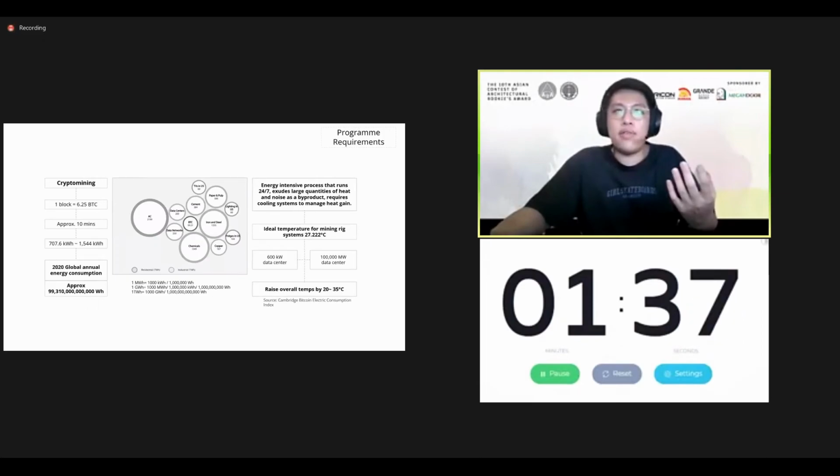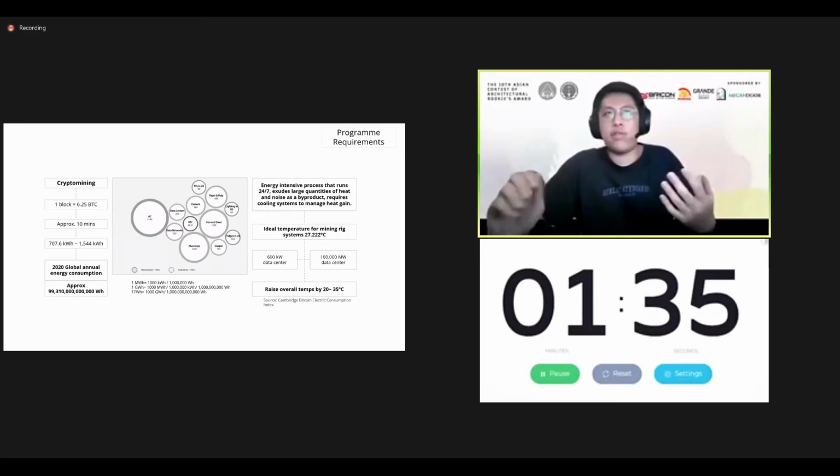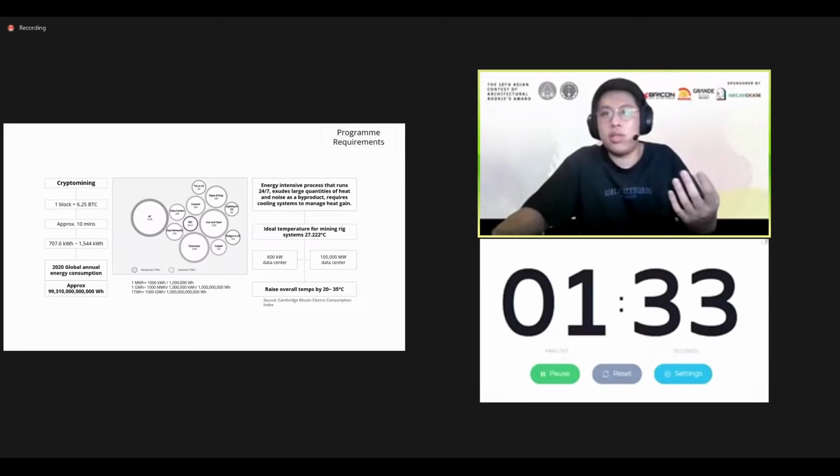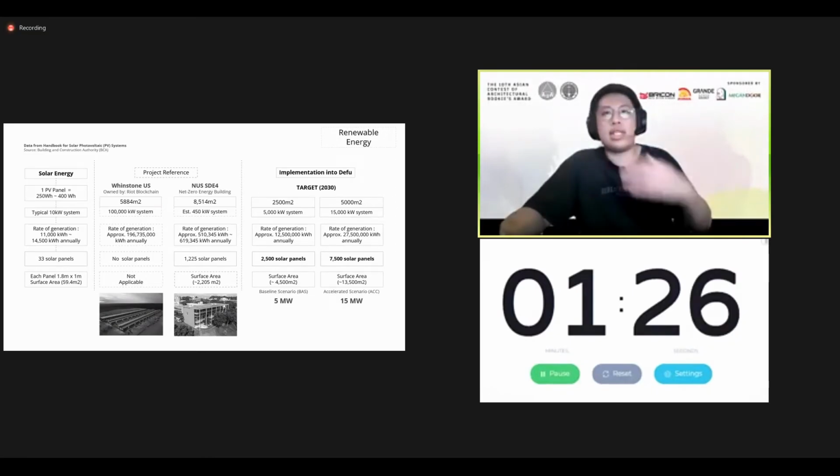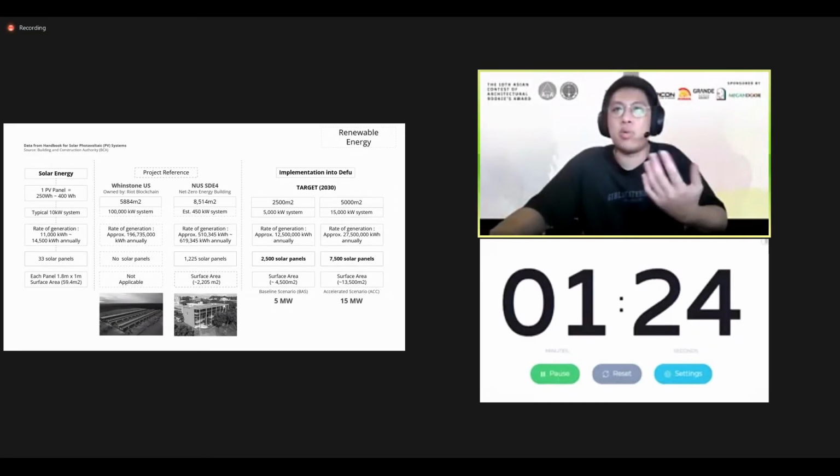All these factors line up with the trend for cryptocurrency, because cryptocurrency uses a lot of energy, and there's a need for a sustainable solution for that. So these are some studies about how many solar panels we would need if they were used on the site.